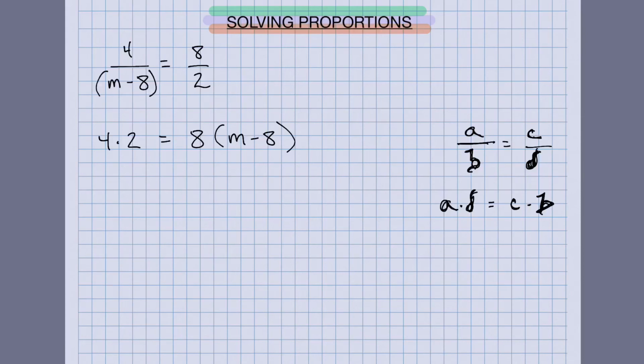Okay, so on the left we get 8 equals, we're going to distribute this in like this. 8m, 8 times minus 8 gives us negative 64. Okay, so we want to add 64 to both sides.